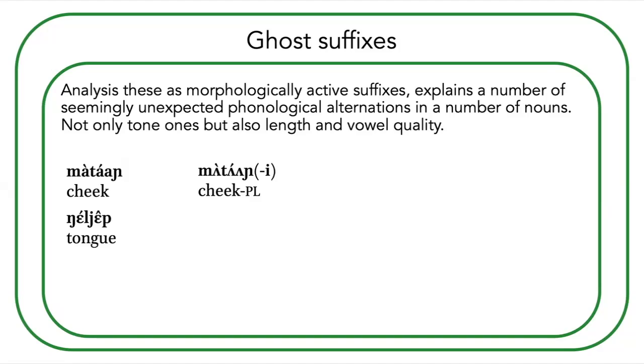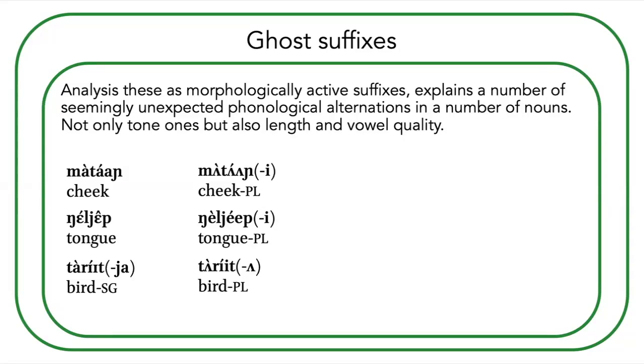Another example is the word tongue, ngeliep. Again, it gets the same suffix, which has the same effect. It changes the tone, changes the ATR specification, and also changes the length. And this is extremely regular. We find that every time there is an E ghost suffix, it lengthens the previous syllable, it changes the ATR specification and changes the tone to low, low, low, and then high.